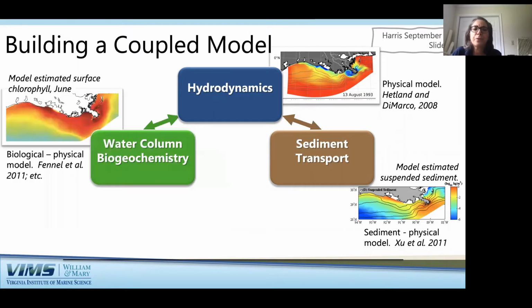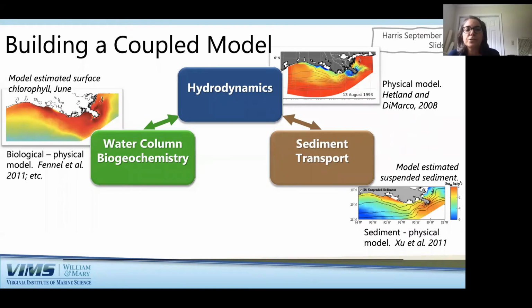At the same time as we were developing our sediment transport model, Katja Fennell's group was using the same physical oceanographic model to develop a coupled physical and biological model. But at this point, we hadn't linked the sediment processes to the biogeochemical processes.